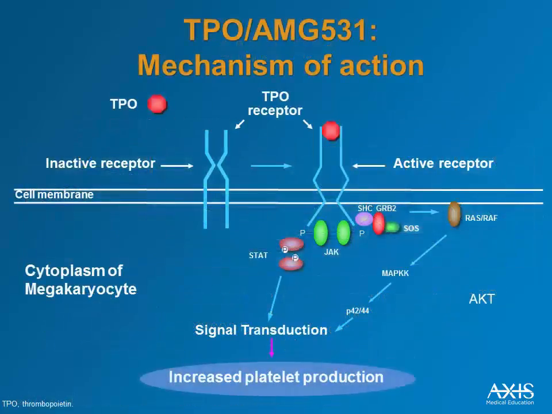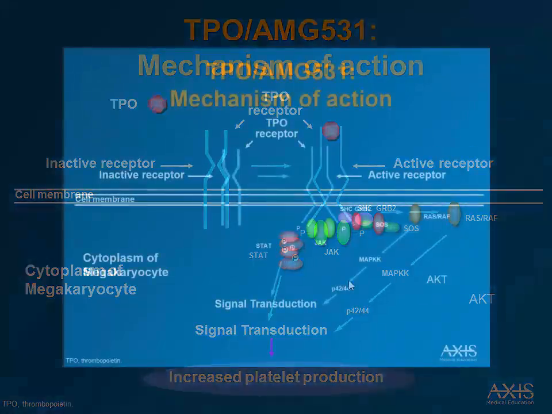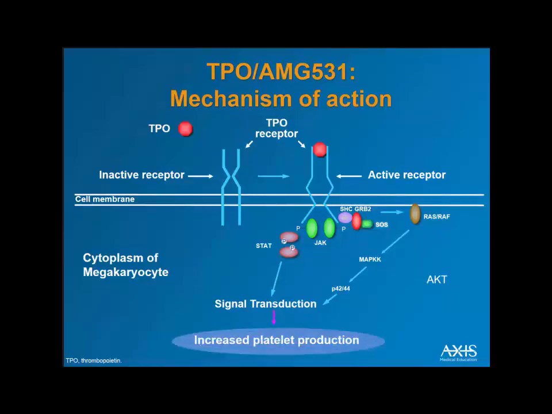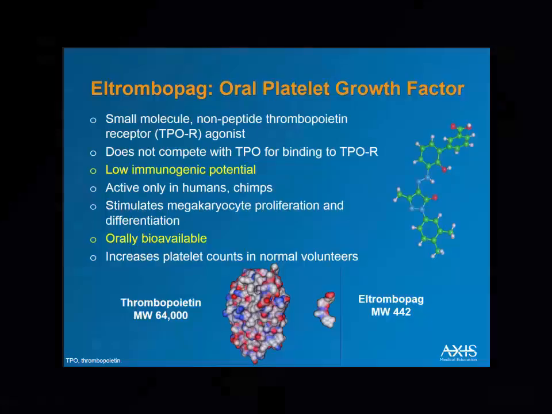So if we look at the effectiveness here, we see that the TPO receptor is dimerized by binding to TPO. But this shows how the TPO receptor binds TPO and then signals through the JAK-STAT pathway, the p38 MAP kinase pathway, and through the AKT pathway.